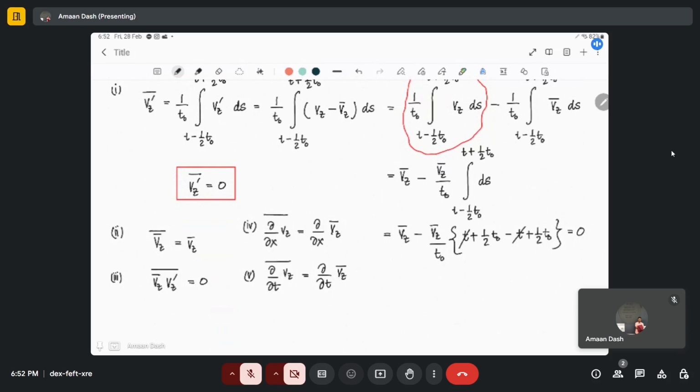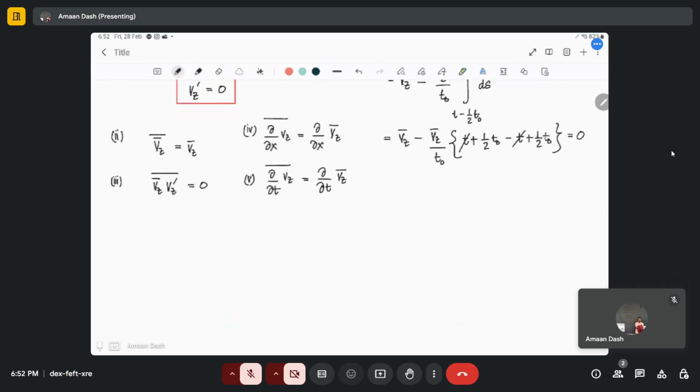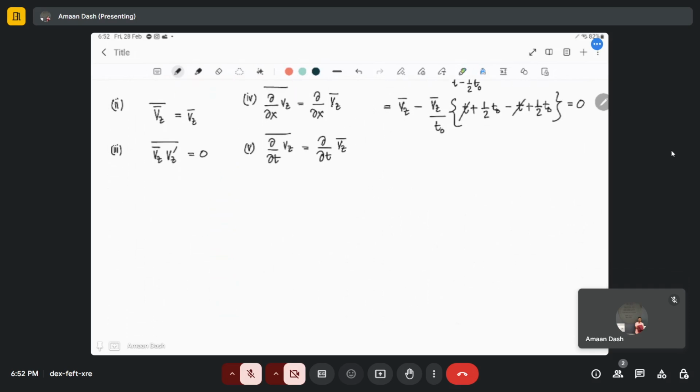However, there is something that we have to keep in mind: this quantity, the average of Vz prime square, is not equal to 0.